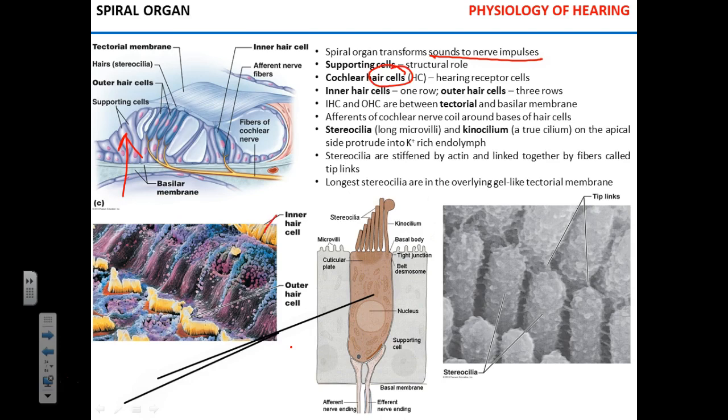You can see the hair cells on this micrograph, you can see the hair cells on this image, and you can see hair cells on this model. Okay. There is one row of inner hair cells and 3 rows of outer hair cells.